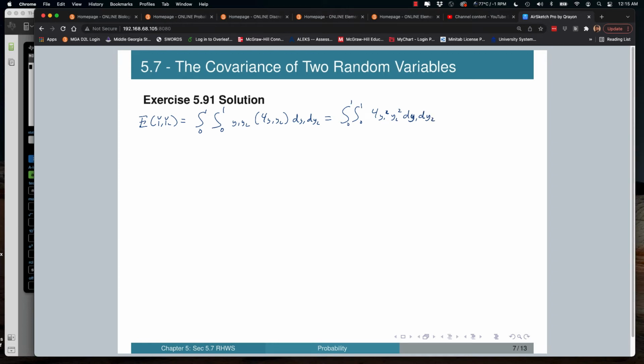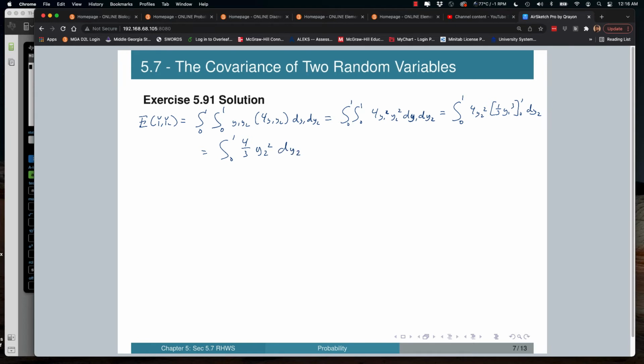So that's going to clean up and we do the integral with respect to y sub 1 first. 4 y sub 2 squared is just a constant, and we get 1/3 y sub 1 cubed between 0 and 1, dy sub 2, which gives us the integral from 0 to 1 of 4/3 y sub 2 squared, and the y sub 1 cubed goes away because we're plugging 1 and 0 into it, or just becomes 1.